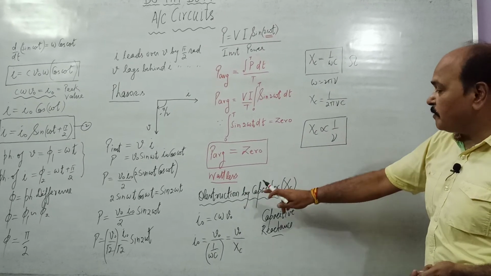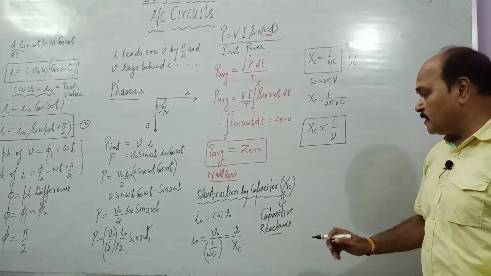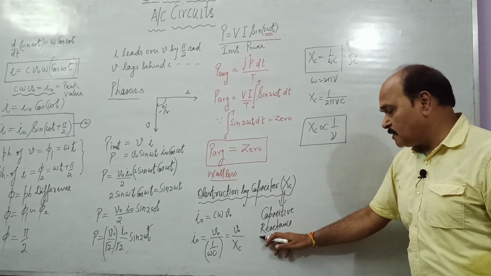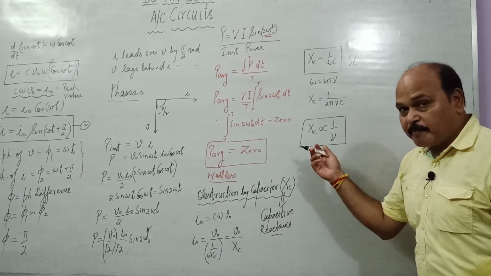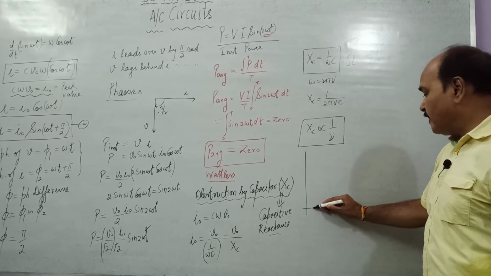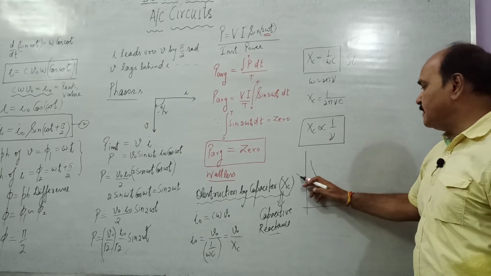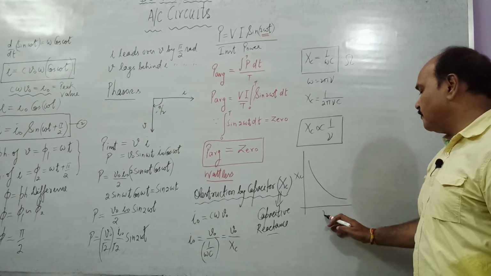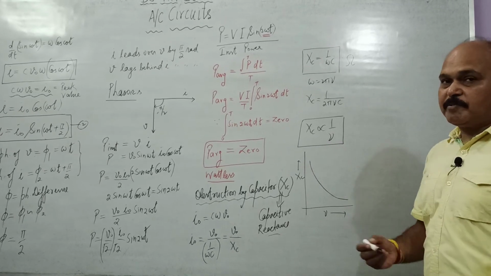But the obstruction offered by capacitor is frequency dependent, and in general we call it reactance, and for capacitor we call it capacitive reactance. If we plot XC against frequency, we get a graph like this. This is a rectangular hyperbola.